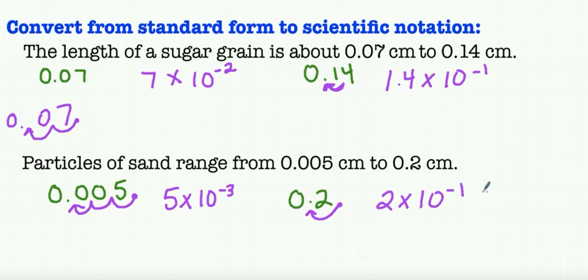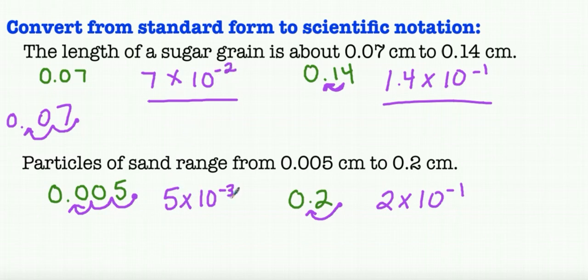And the reason why we have that leading number between 1 and 9 is because if we look at these two up here, 10 to the power of -2 and 10 to the power of -1, we know that -2 is smaller than -1. If we were just looking at these two in scientific notation, we could see that 7 times 10 to the power of -2 is smaller because -2 is smaller.